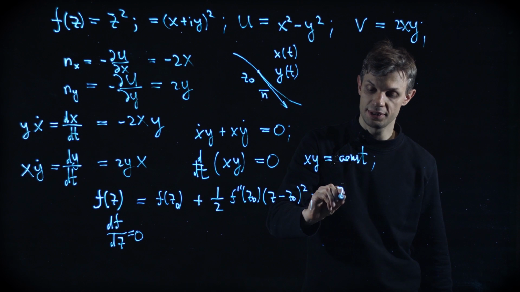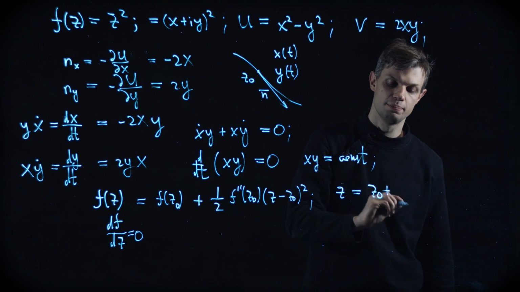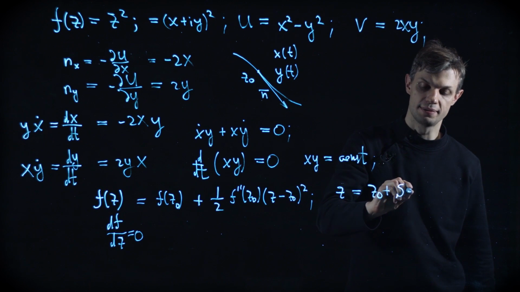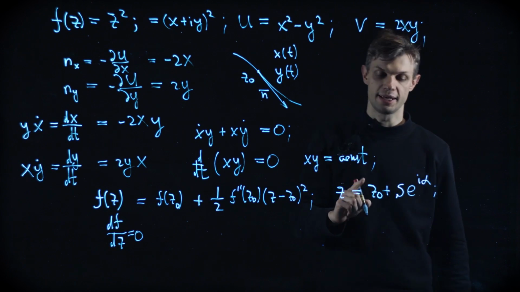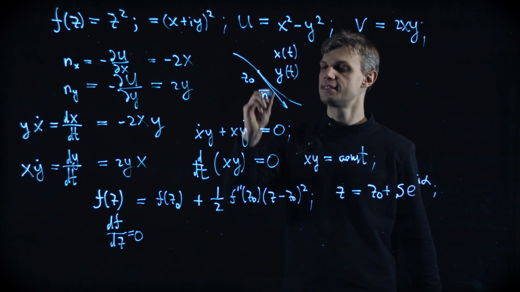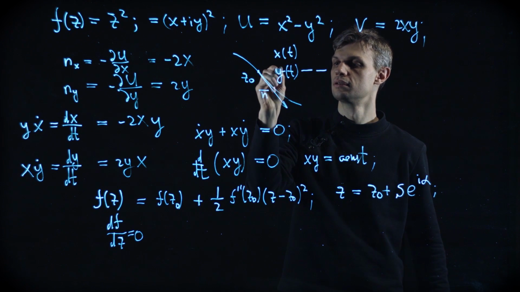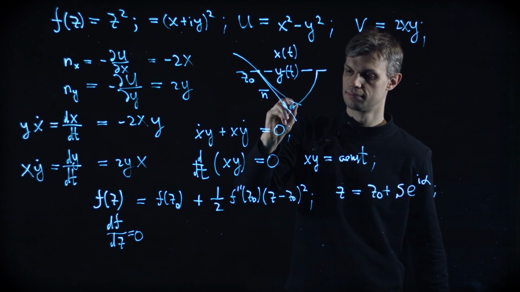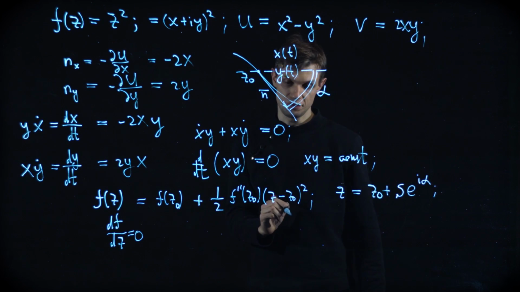Okay, let's make a parameterization. z is equal to z0 plus some s times e to the i alpha, where alpha is precisely the steepest descent direction. It's this angle, like that. So how should we choose it?